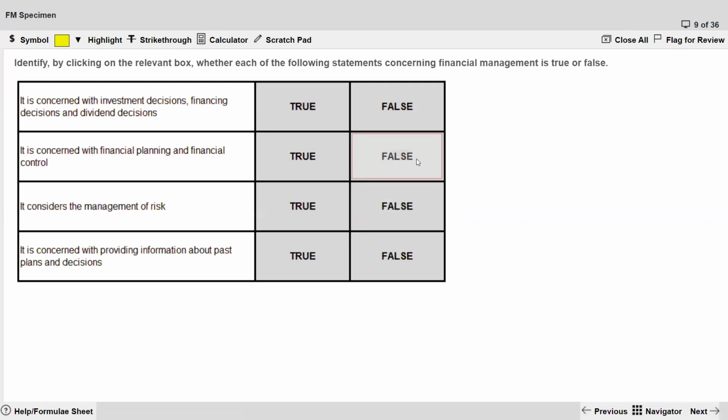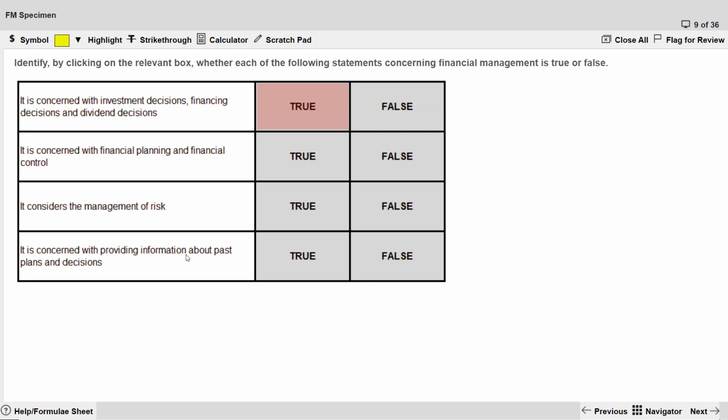Now, it says identify by clicking on the relevant box whether each of the following statements concerning financial management is true or false. So, what is financial management? It is concerned with investment decisions, financing decisions, and dividend decisions. Is it true? Yes, it's true. It is concerned with financial planning and financial control. It considers the management of risk.